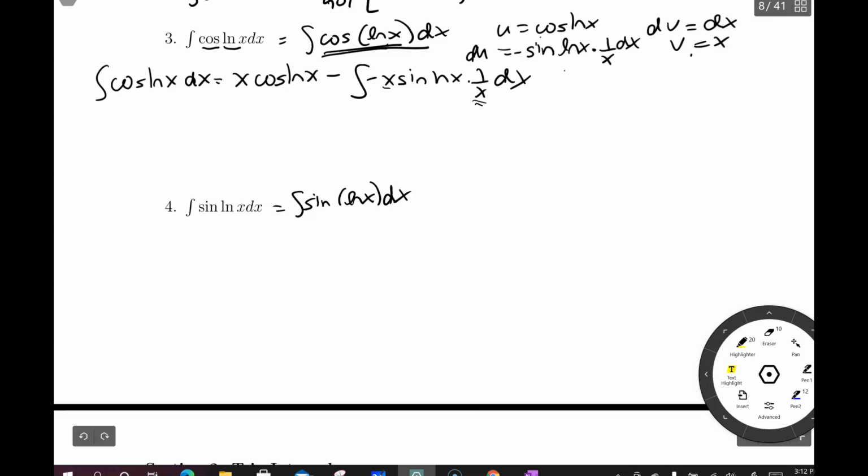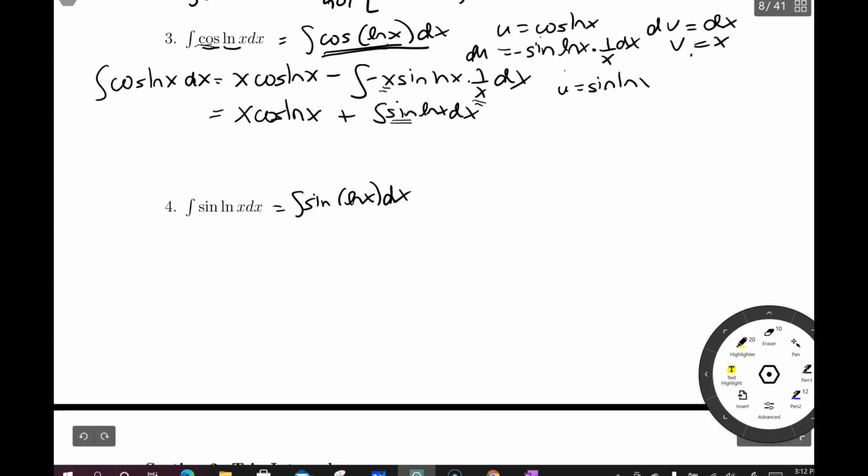So these x's here cancel. And I've got two negatives. So that turns into a positive sine ln of x dx. Well, that's very similar to what I started with, but it's not the same. So this gives me the prompting, let's do it again, and I bet we'll get a wraparound kind of problem, right?